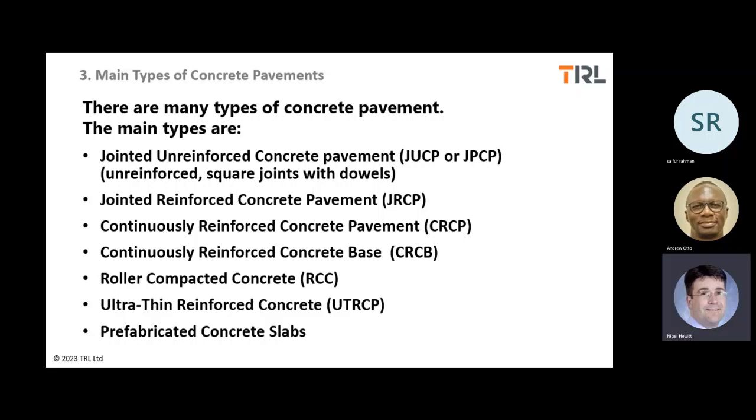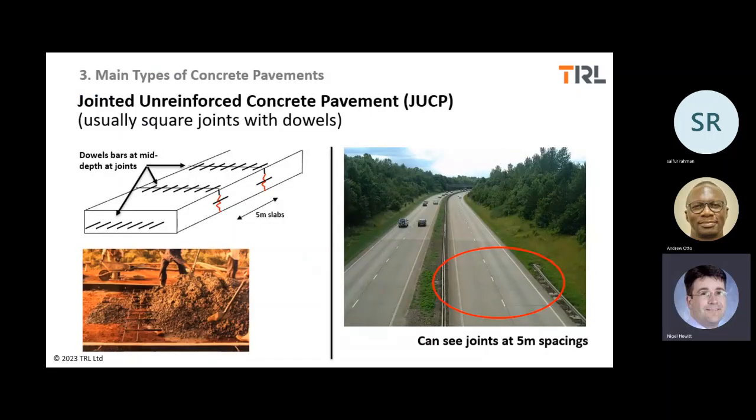Then there's roller compacted concrete, ultra thin reinforced concrete, UTRCP, which is more of a rehabilitation method, but I'll talk about it anyway. And then prefabricated concrete slabs. So let's go through the different types.